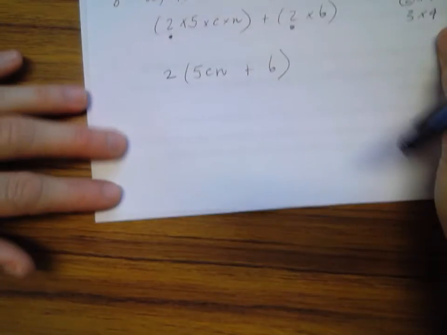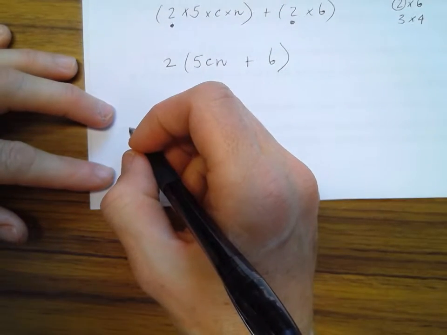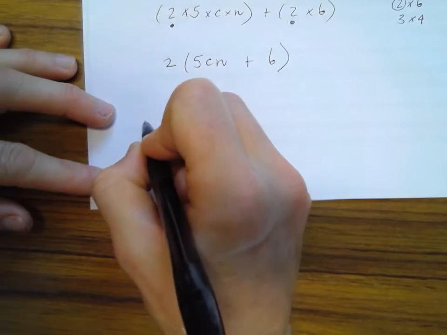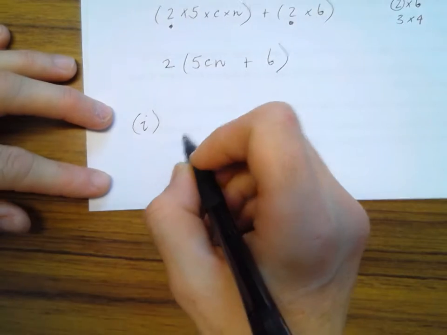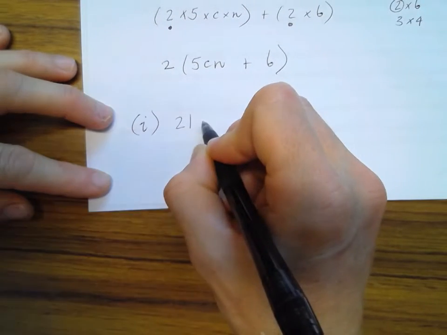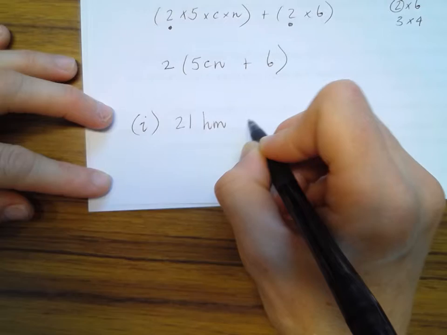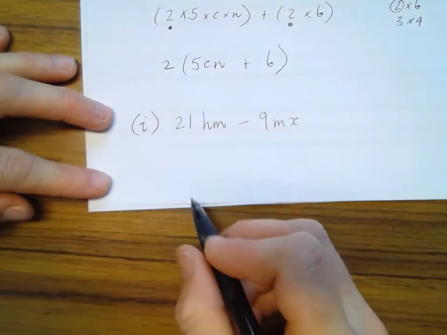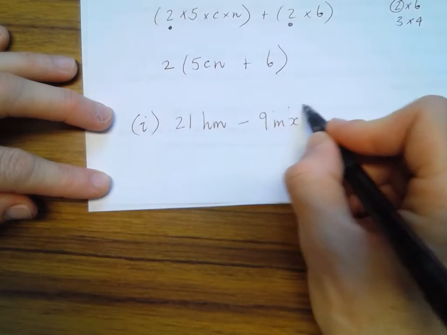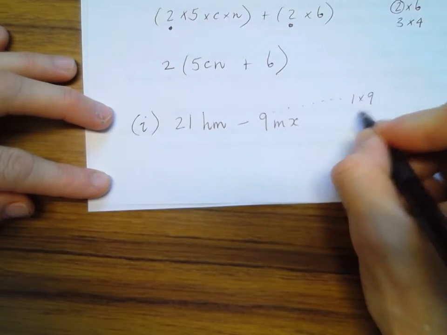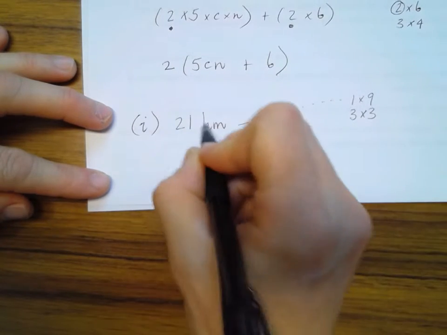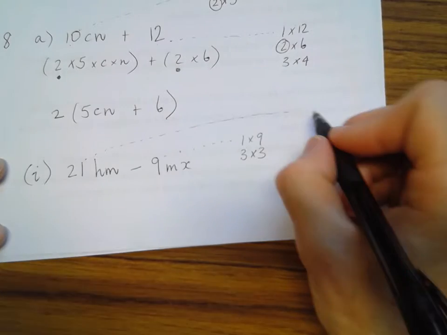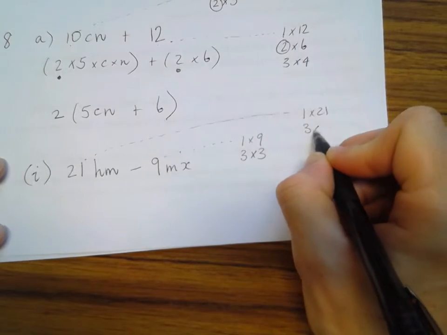You might be able to squeeze one more down the bottom. Question 8. Let's look at K. Let's look at I. I think I did K with 8D. 21hm take away 9mx. Okay, 1 times 9 and 3 times 3 for 9. For 21, we've got 1 times 21 and 3 times 7.